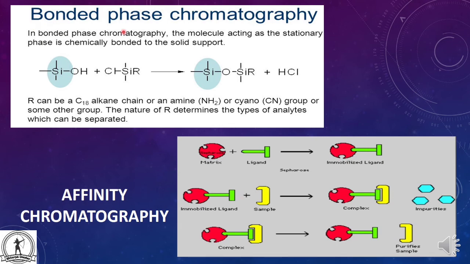Fifth, bonded phase chromatography. It happens with the surface. If it has a polar surface, polar samples stick with it, and if it has a non-polar surface, non-polar samples stick with it, meaning attraction is there. Two types, reverse phase and normal phase. In reverse phase, non-polar stationary phase and polar mobile phase.